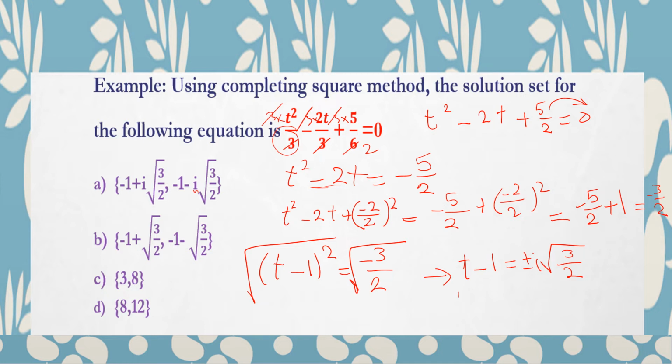And the solution set is t equals 1 plus or minus i times square root of 3 over 2. The solution set is 1 plus i square root of 3 over 2 and 1 minus i square root of 3 over 2.